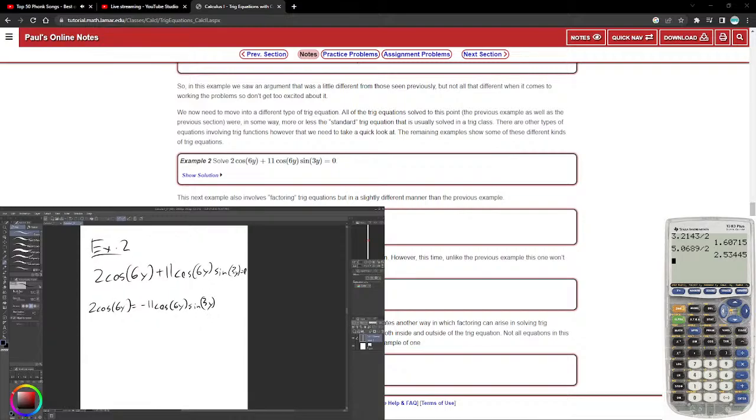Okay, if I divide a sine over, I'd get cotangent. But no, I can't because there's a different value. That's annoying.